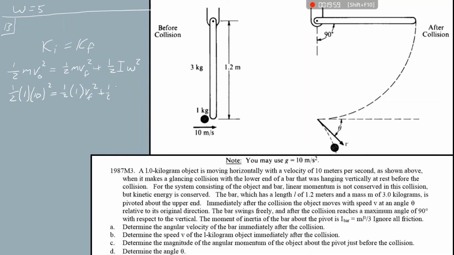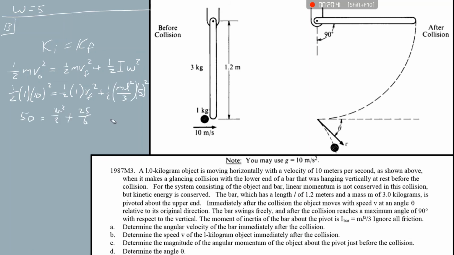Right, again, we don't have a calculator, so we're going to do this by hand. So 10 squared is 100, divided by 2 is 50, equal to v square over 2 plus 25 over 6 times ml square. But we know m, I think. It's the mass of the bar.